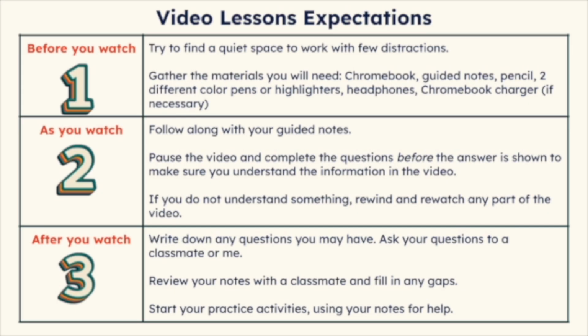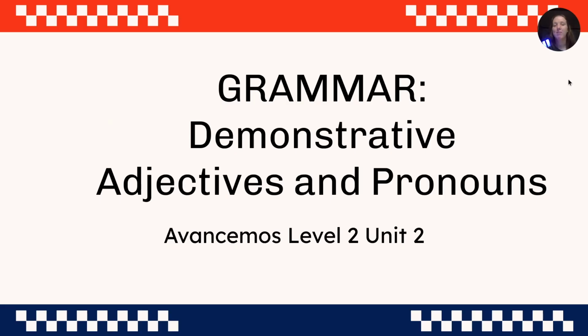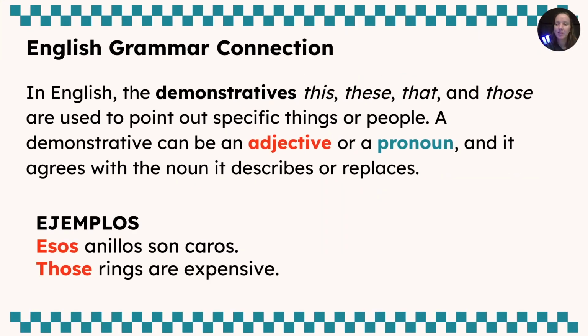Happy learning! Hola clase, today we're talking about demonstrative adjectives and pronouns. So what are demonstratives? Well, in English, the demonstratives this, these, that, and those are used to point out specific things or people. A demonstrative can be either an adjective or a pronoun, and it agrees with the noun it describes or replaces.